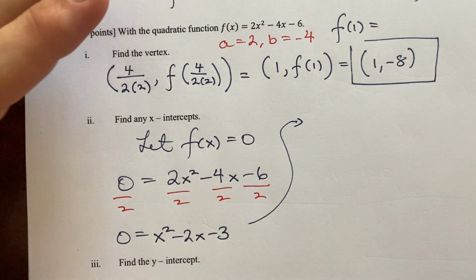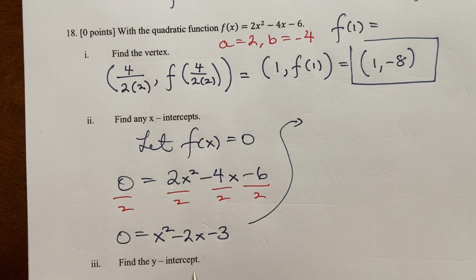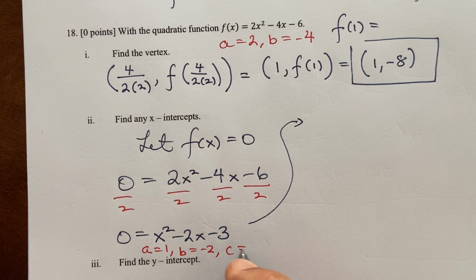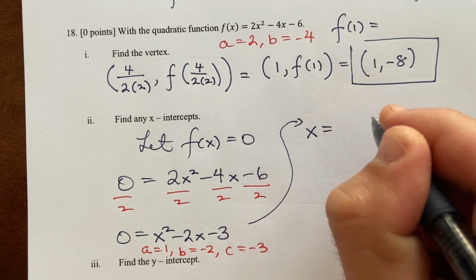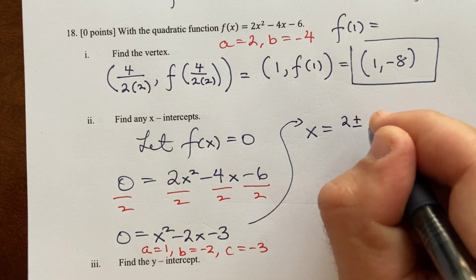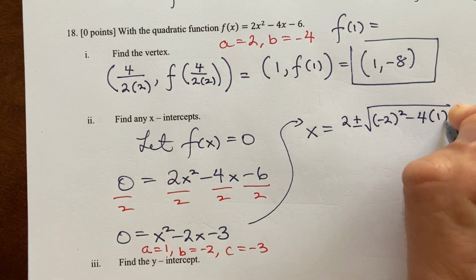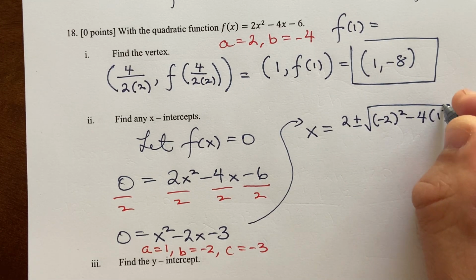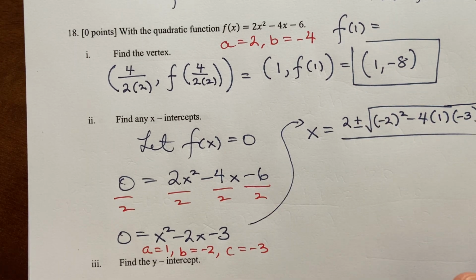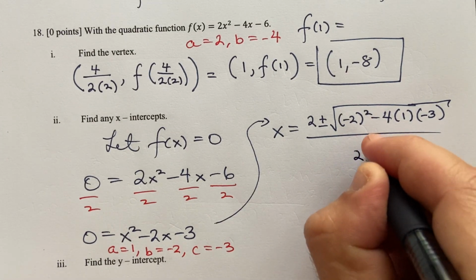It may factor. I'll just use the quadratic formula with a equals 1, b equals negative 2, c equals negative 3. So x equals opposite of negative 2 is 2, plus and minus the square root of negative 2 squared minus 4 times 1 times negative 3, all over 2 times 1.